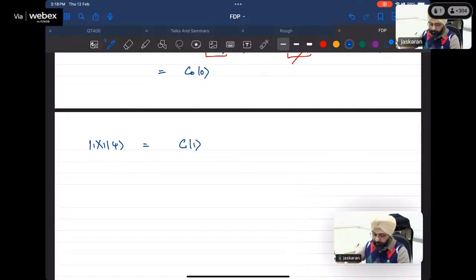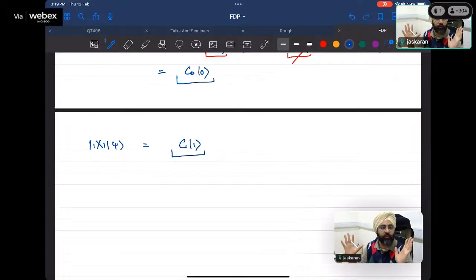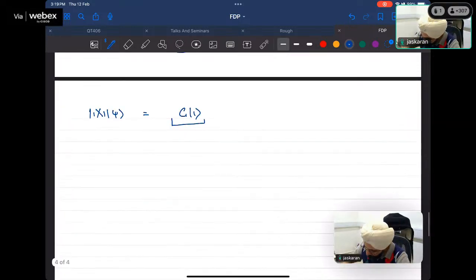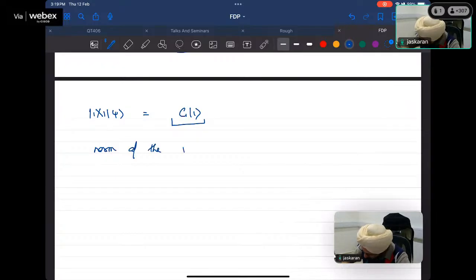Right? And as I mentioned, the length of this vector, as well as the length of that vector, has something to do with the probability of obtaining this particular outcome. How do we evaluate the length? We just look at the norm of the vector.